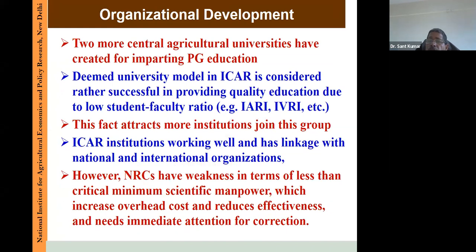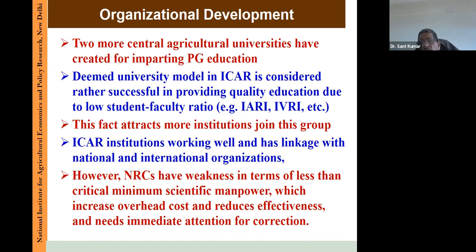Two more central agriculture universities have been created for imparting post-graduation education, one at Ranchi and another in Assam, on the line of the Indian Agriculture Research Institute, IARI.